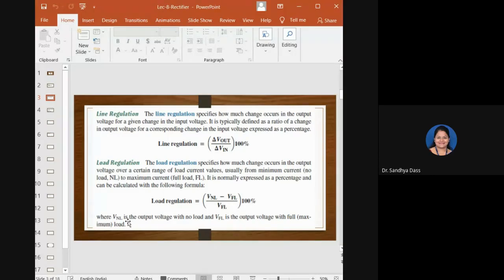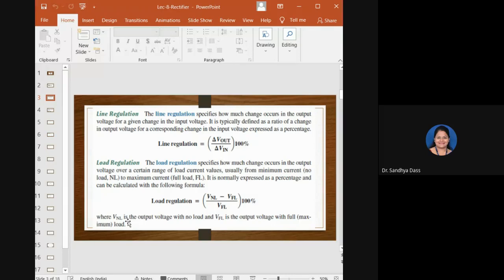Okay. So first, let us have a small recap of the previous class discussion. We discussed voltage regulation in the previous classes using Zener diode. We observed the two types of regulation, line regulation and load regulation. Line regulation, we defined to be the ratio of the change in the output to the corresponding change in the input, right?